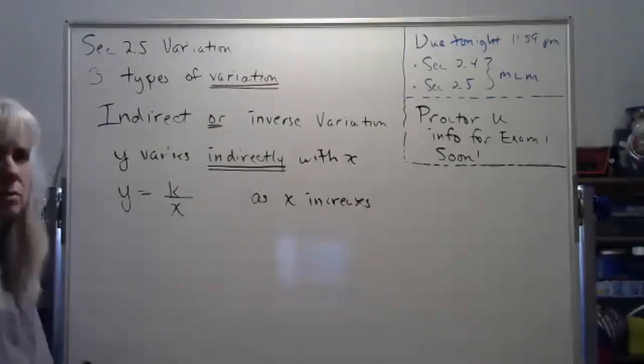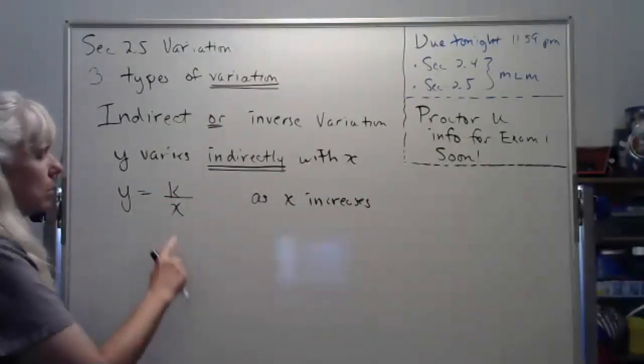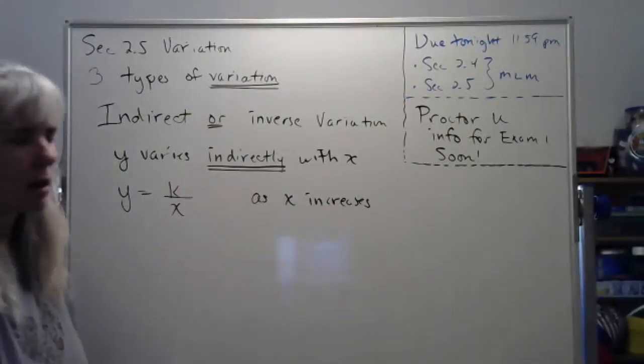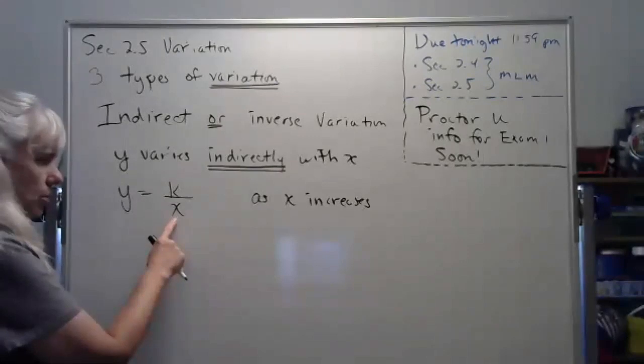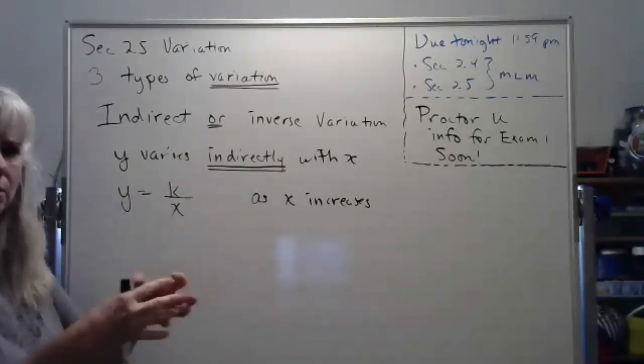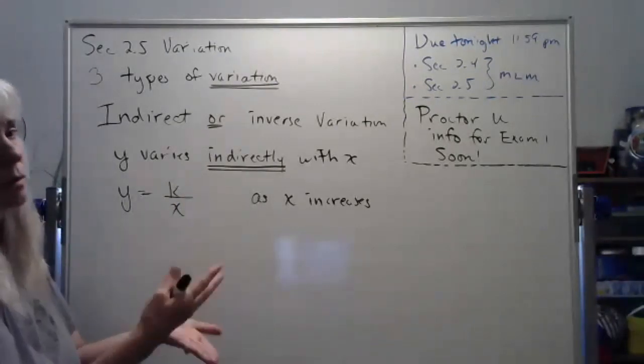So think about this in terms of fractions. Ignore the k for a minute, just make it a 1 in your brain. But as a fraction, if that denominator is getting bigger and bigger and bigger, so a 2, a 3, a 4, so 1/2, 1/3, 1/4. Well, as the bottom number gets bigger and bigger and bigger, the y is getting smaller and smaller and smaller.